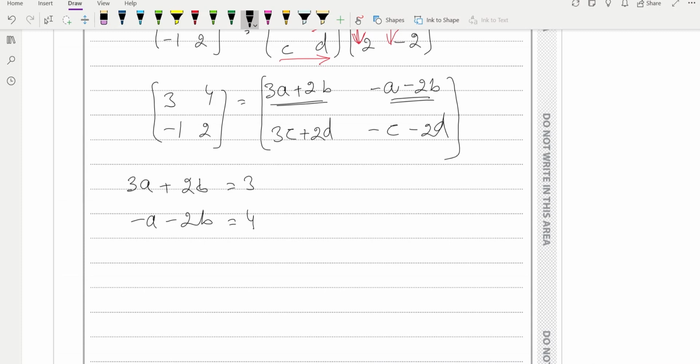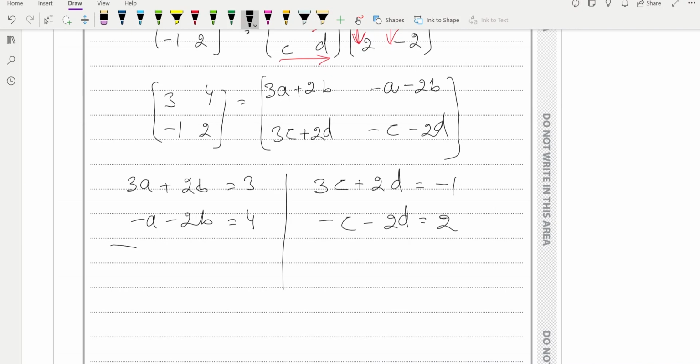And the other two equations we can also equate, like 3c plus 2d is equal to minus 1, and minus c minus 2d is equal to 2. So we'll erase the extra explanatory lines. So this is done.